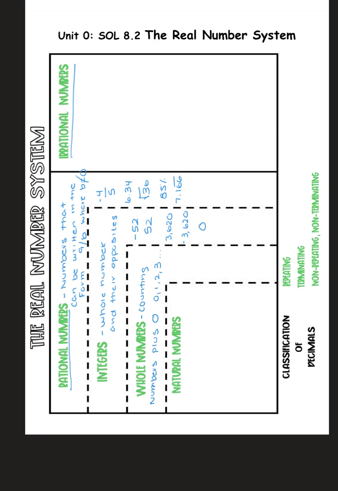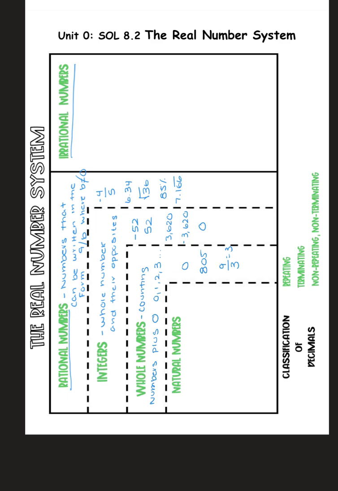For example, 0 is a whole number, and 805 is a whole number. I'm also going to add one in so you can see that whole numbers are not always written as fractions. For example, 9/3 is considered a whole number because it reduces to 3. Sometimes you will have fractions that you have to reduce.